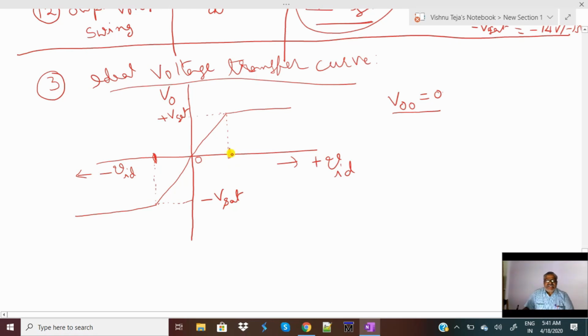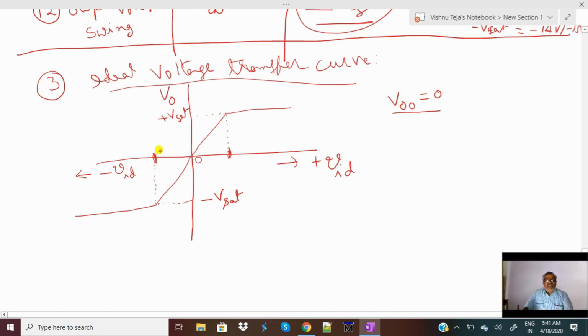If your input exceeds plus VID or goes below minus VID, then the output will be constant, that is plus Vsat. Even though the input is varying with time, the output will be constant. Those variations of the input cannot be reflected in the output. That situation we call saturation. In saturation, we never get amplification.